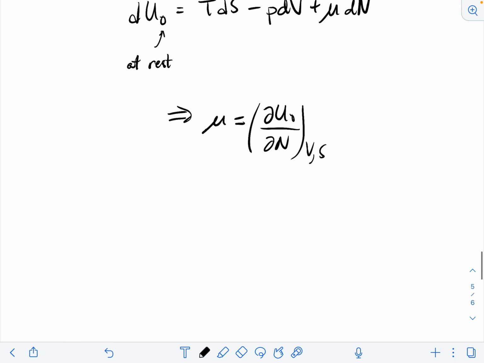so now let's think about a superfluid that's now moving. So for a moving superfluid, we have to think about kinetic energy.